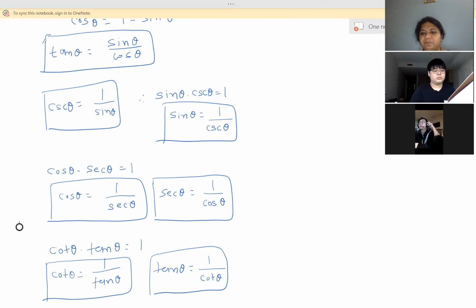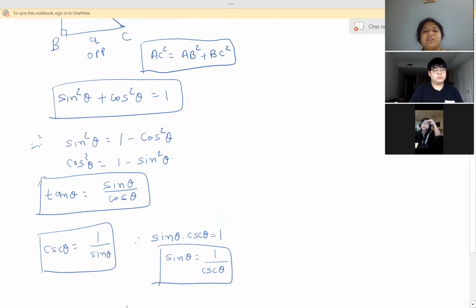Okay, finished? Also write down this one too: sin square theta plus cos square theta is equal to 1. Done? Finished? Okay.